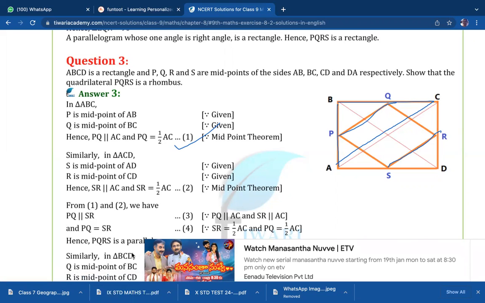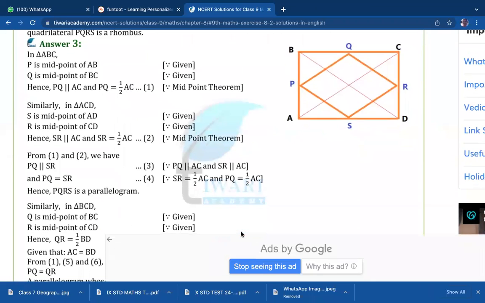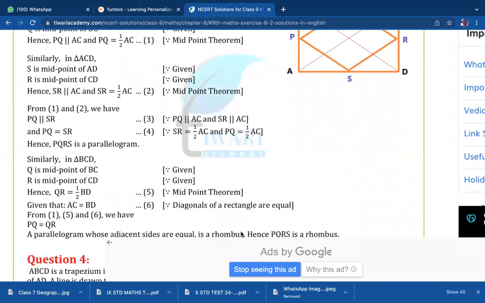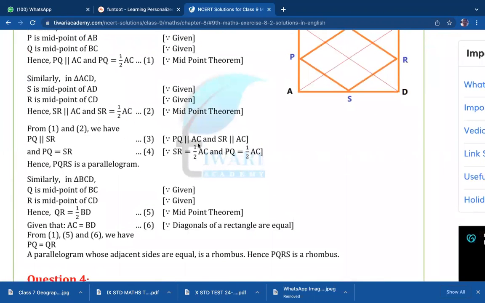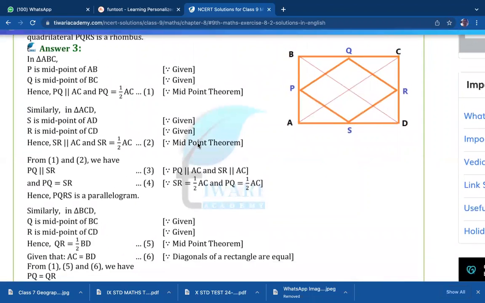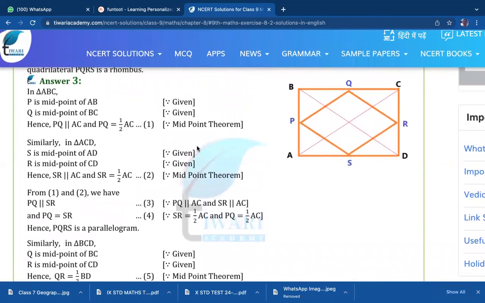So from 1 and 2, we get that PQ is parallel to SR and PQ is equal to SR. So PQRS is a parallelogram.